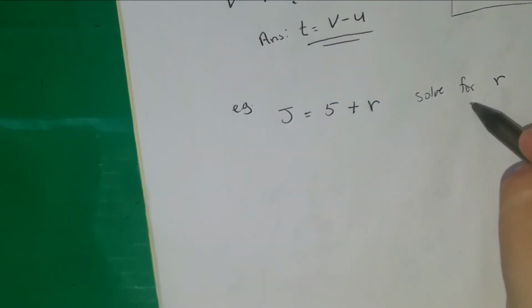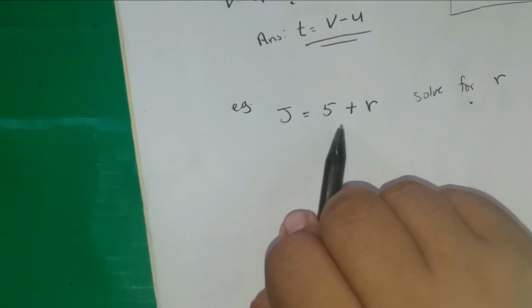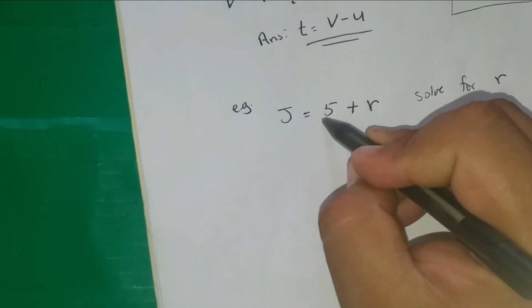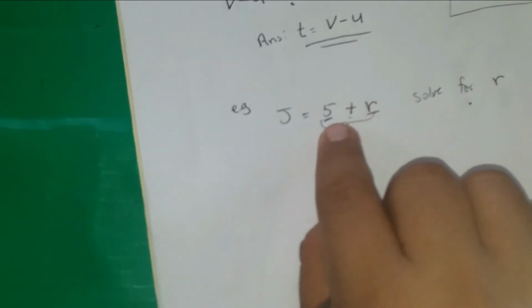How do we make r the subject? Well, we take a look at the formula. Where is r? r is on the right side, and there are 2 terms there, the 5 and r, separated by plus. So I need to leave r by itself, which means I need to get rid of the 5.